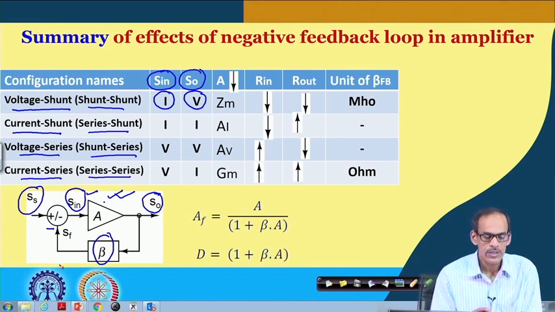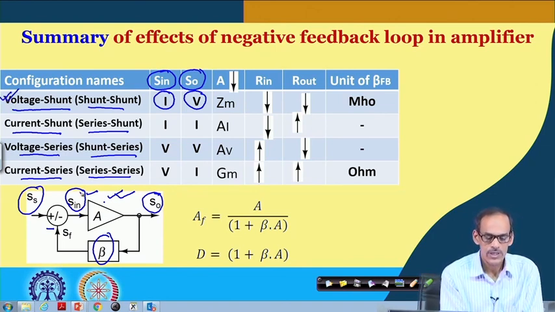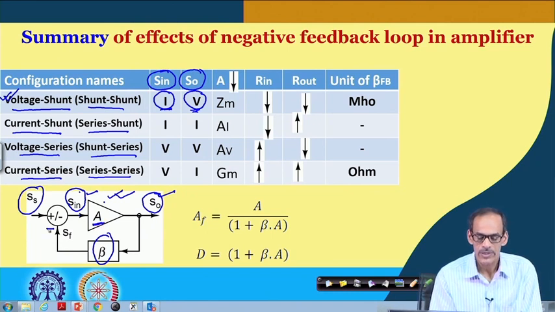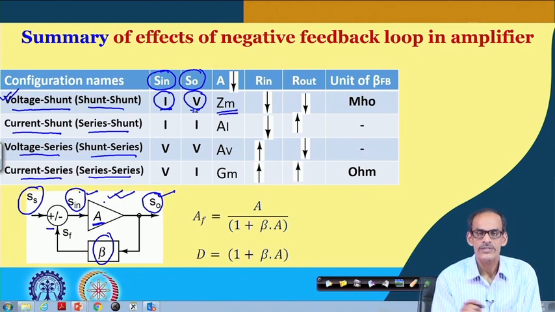For example, in the first one, the input signal is current and the output signal is voltage. So the forward amplifier is essentially a transimpedance amplifier, or we can say that A is Zm.